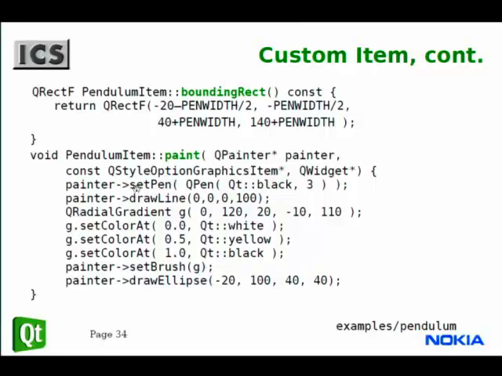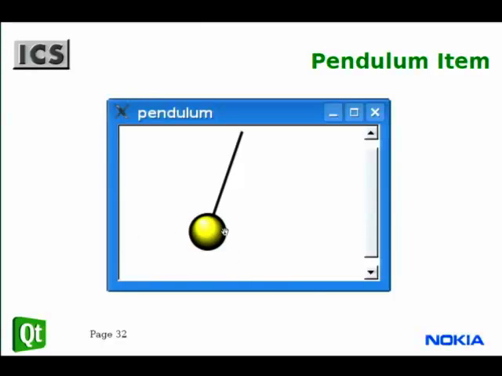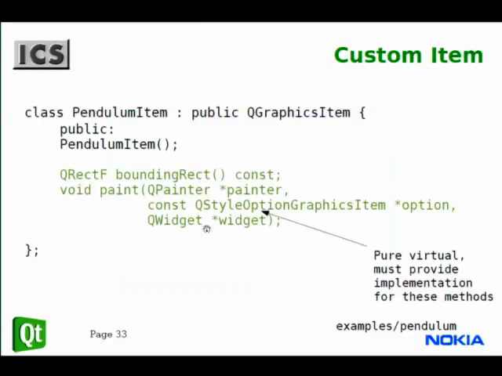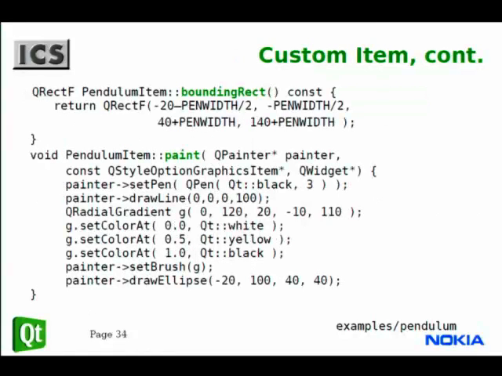We're drawing a line, then drawing an ellipse, and then making a nice radial gradient so that it looks pretty. We can see the radial gradient here. So that's one way of doing it.